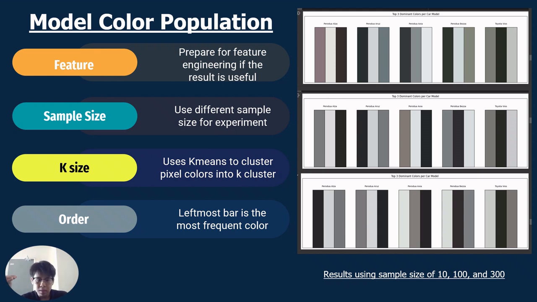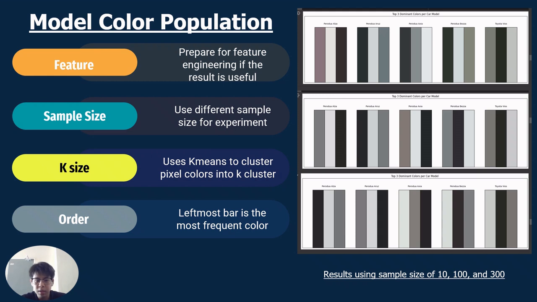In this model color population, we also use k equals 3, which is to cluster the pixel colors into k clusters, where k means the number of top dominant colors for each car model. So here we use k equals 3, as we get only the top 3 dominant colors.